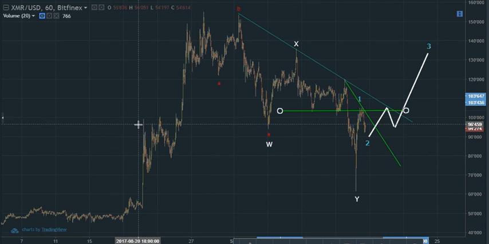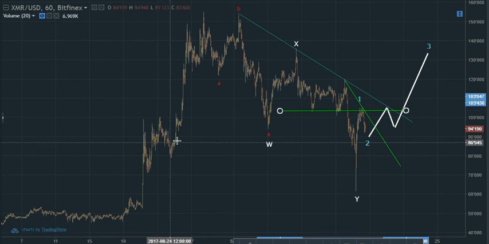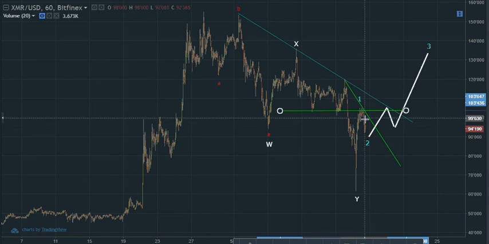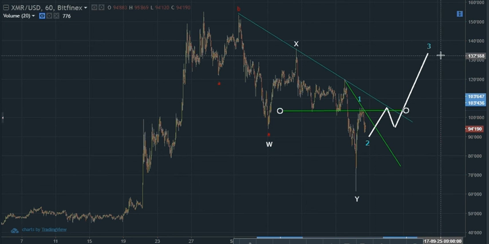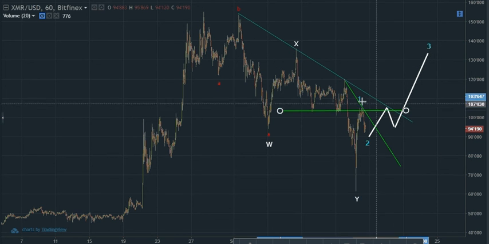But what was resistance here before is now support. So I think it'll bounce around like a ping pong ball a little bit. Most likely bounce off this trend line on its way to 3. And that 3 surge will happen after it breaches all the resistance lines, like so.